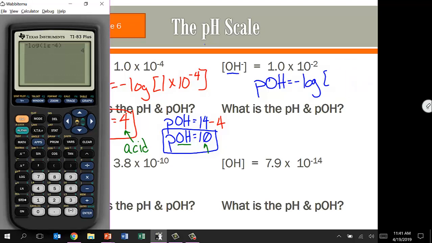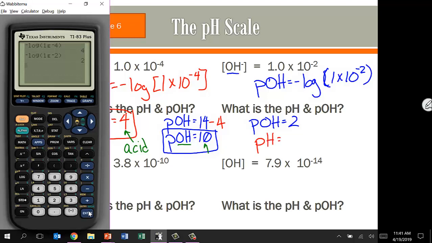So the negative log of 1 times 10 to the minus second. So I grab my calculator, and the negative log of 1 times 10 to the negative second is 2. So our pOH is 2.